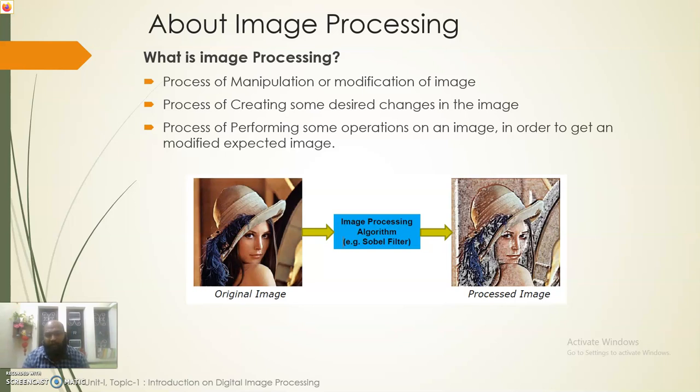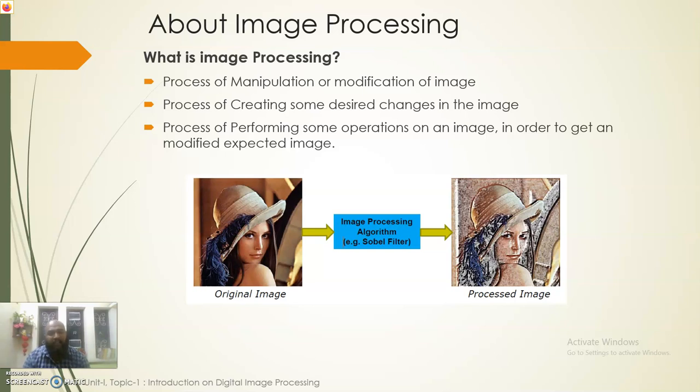To define this, the process of manipulation or modification of an image, we will refer to it as image processing. Otherwise we can say the process of creating some desired changes in the image is image processing.